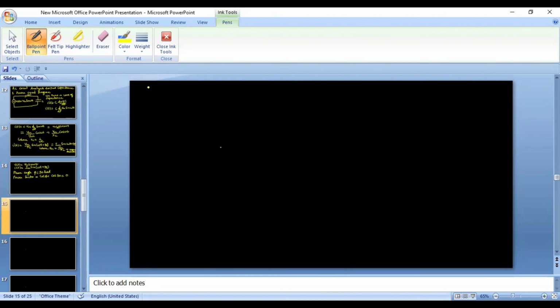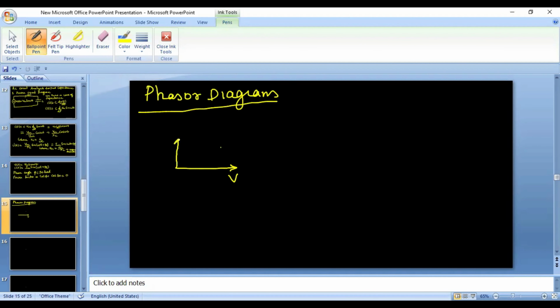Now coming to the phasor diagram for this, what do you understand by phasor diagram? Phasor diagram is nothing but the representation of an electrical quantity in terms of a vector in space. So if I take voltage on the x-axis, V is in phase with the x-axis, and as the current is 90 degrees leading the voltage, it will be on the y-axis, and this angle will be 90 degrees. You can see here that the current vector is small in size in comparison to voltage.